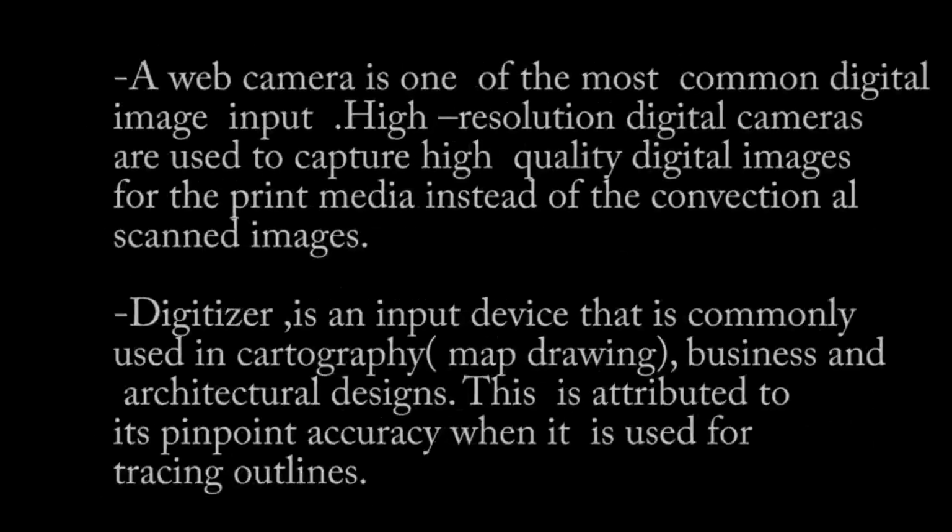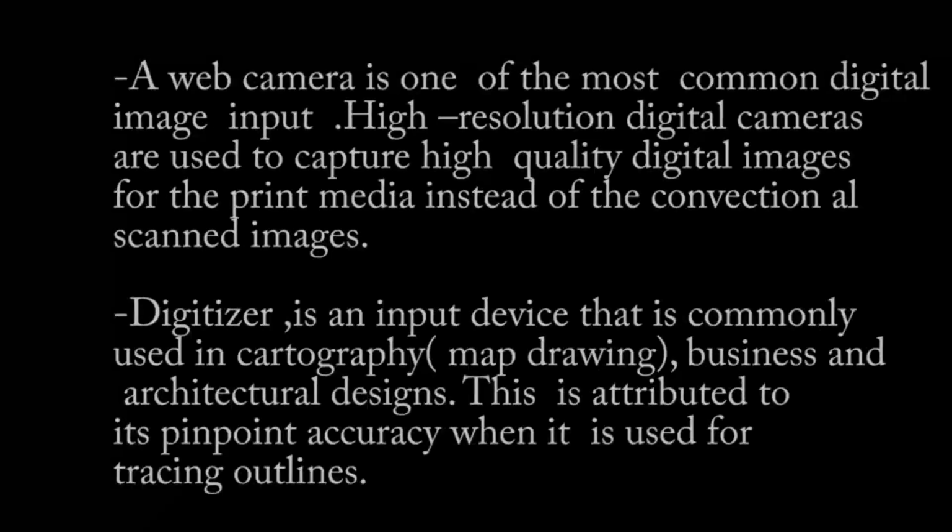Web camera is one of the most common digital image input devices. High-resolution digital cameras are used to capture high-quality digital images for the print media instead of the conventional scanned images.